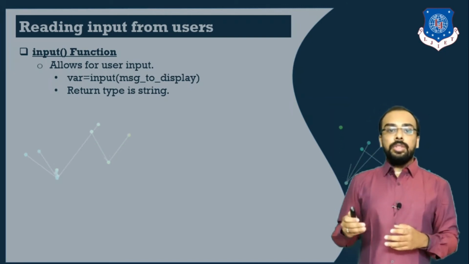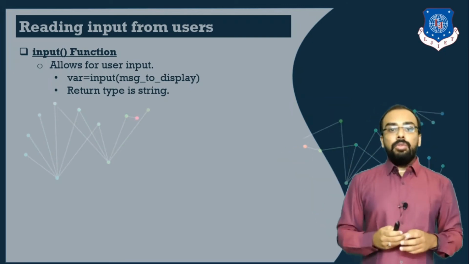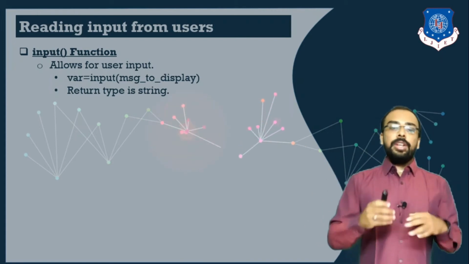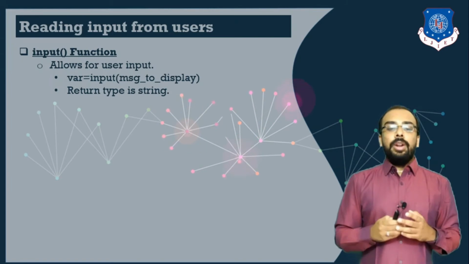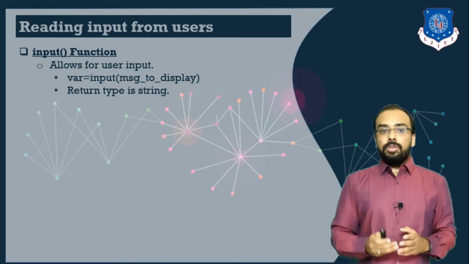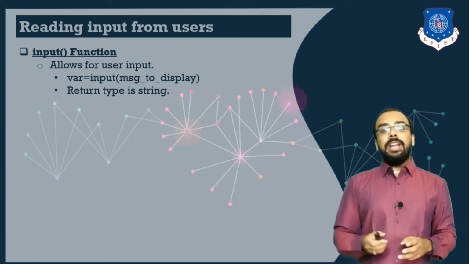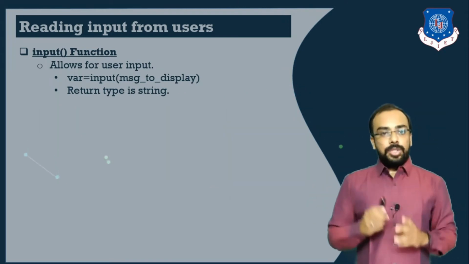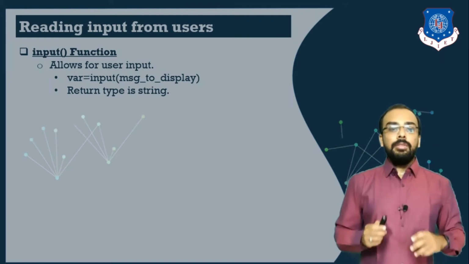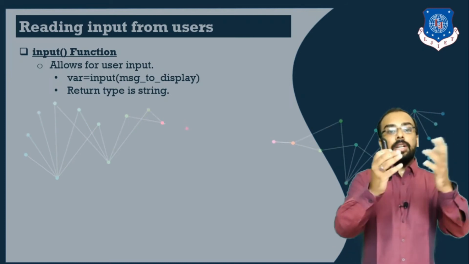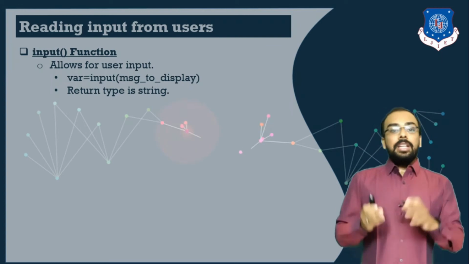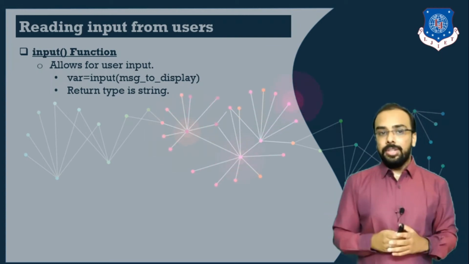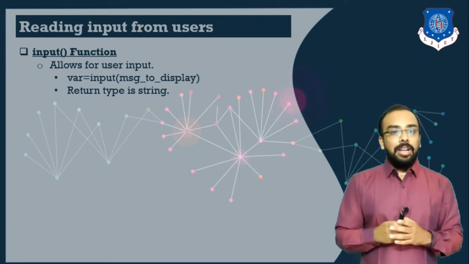First you use input, then parentheses, and inside this you specify your message. For example, if I want to tell the user to enter a number, I have to specify my statement inside double quotes inside the input statement, and the result will be stored in a variable. Now what is the return type of this function? It is always a string. For example, if you want to compute any mathematical operation, then we have to use the eval function.